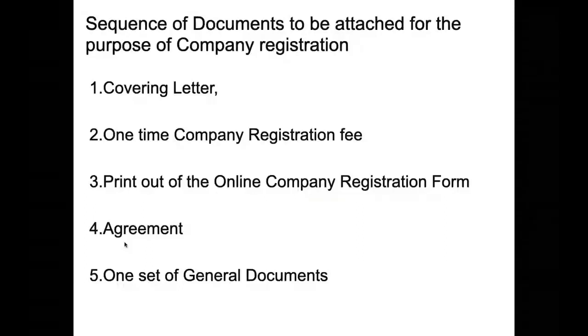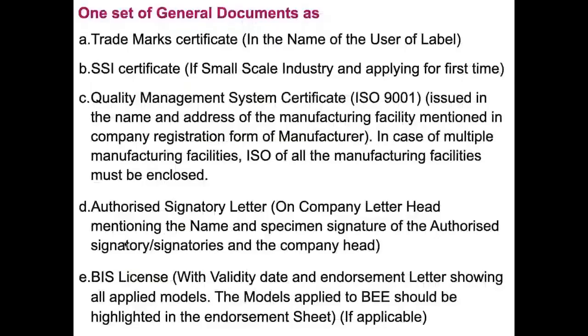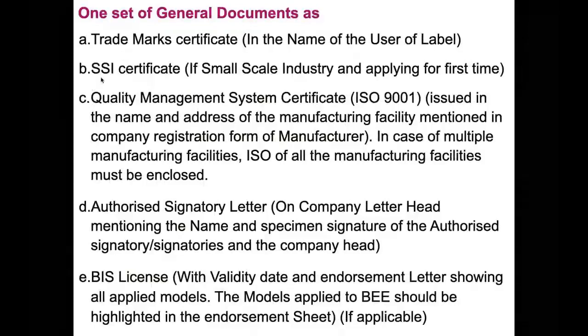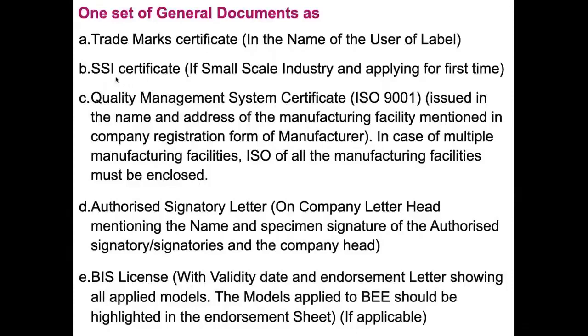So that would be only for that voluntary scheme, and one set of general documents. In that set, a trademark certificate should be there in the name of the user of those labels, and one more is the SSI certificate, that is the small scale industry certificate, if it is a small scale industry applying for the first time.